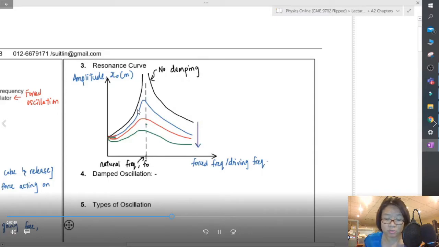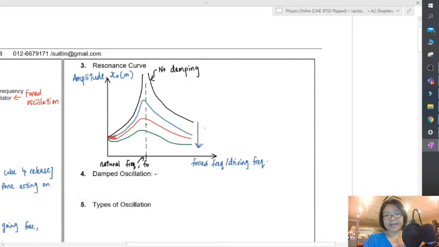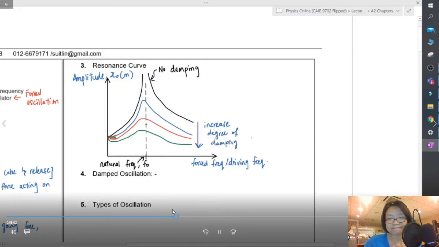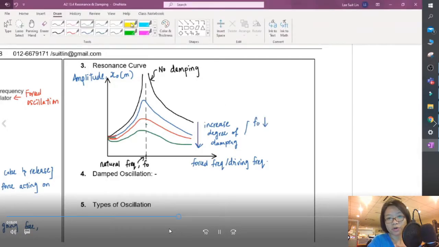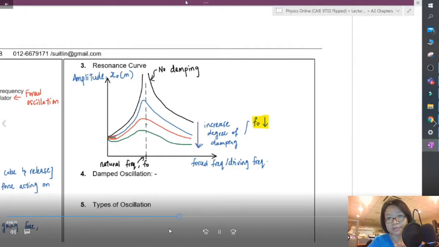The natural frequency will drop, and the peak will also be less sharp. So we're increasing the degree of damping. Your natural frequency, f0, decreases.